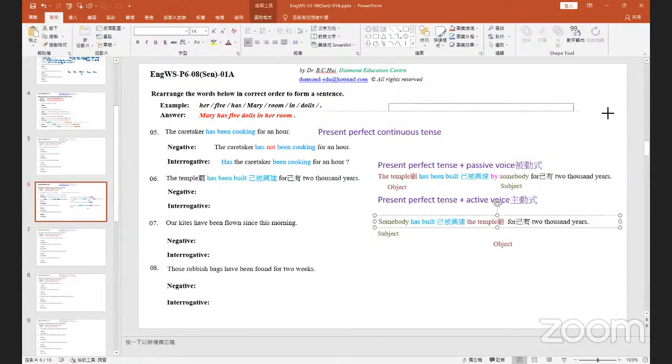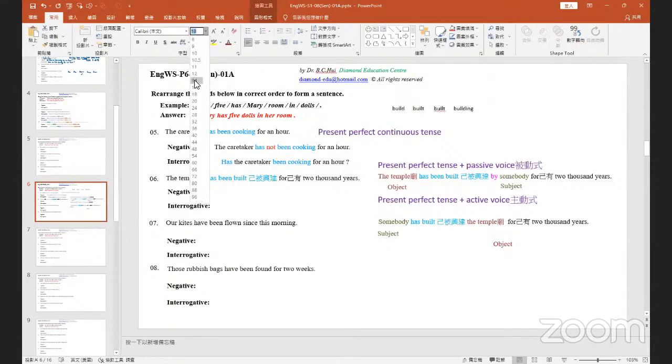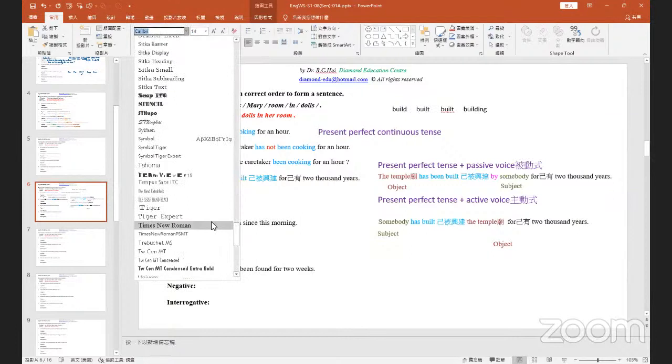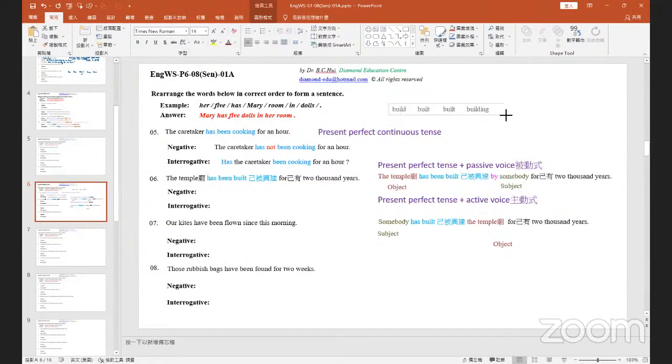Now remember the verb table. This is the verb table.